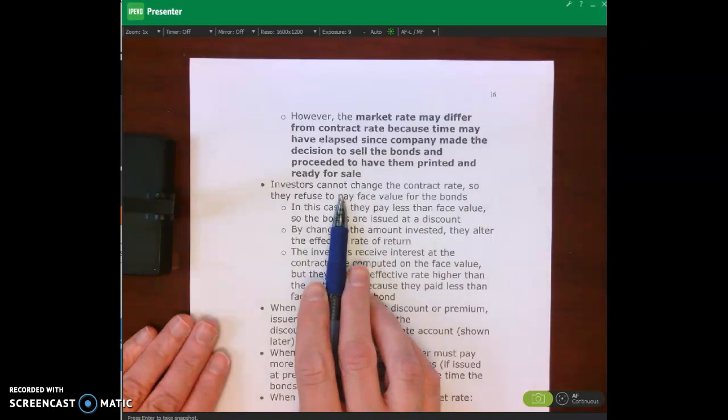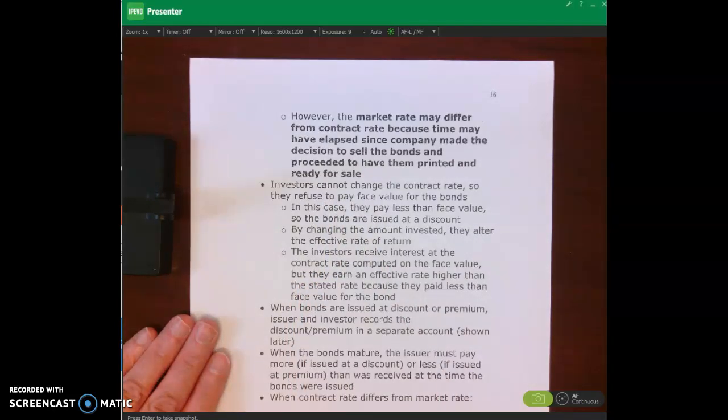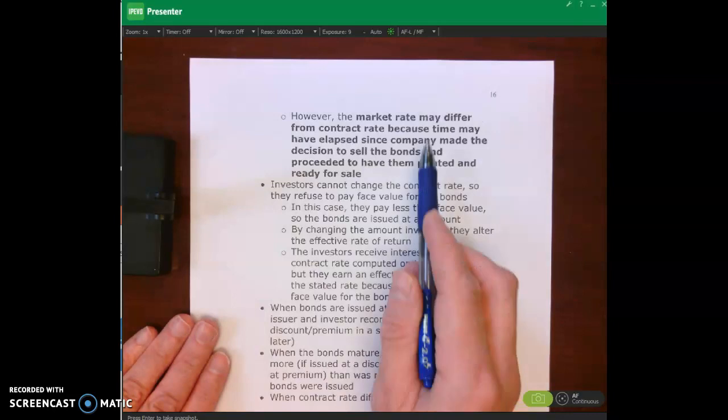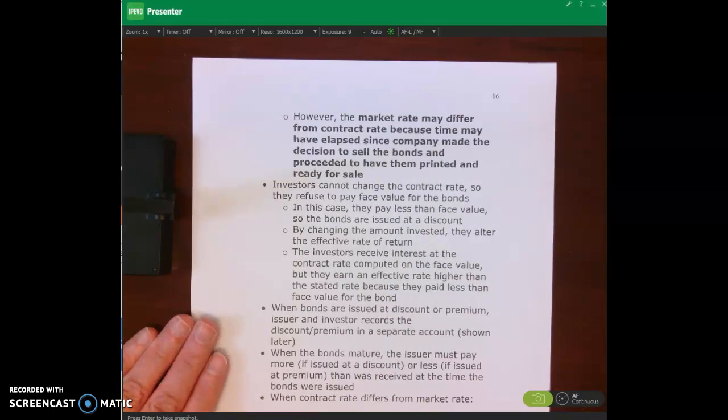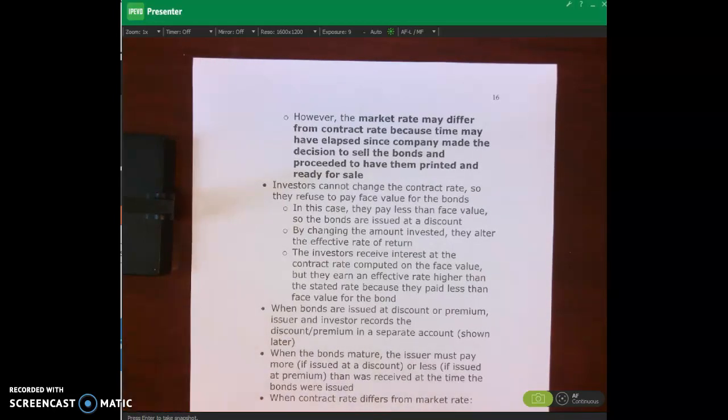Can't change the contract rate. You already got authorization. Investors can't change it, and bond issuers don't want to change it because they already got authorization. So can't change the contract rate. Market rates are always changing. But let's say the contract rate is 9%, it can't be changed, but macroeconomic conditions have changed, and now bonds with similar risk profiles to the one that you want to issue, the rates of return are now 10%.